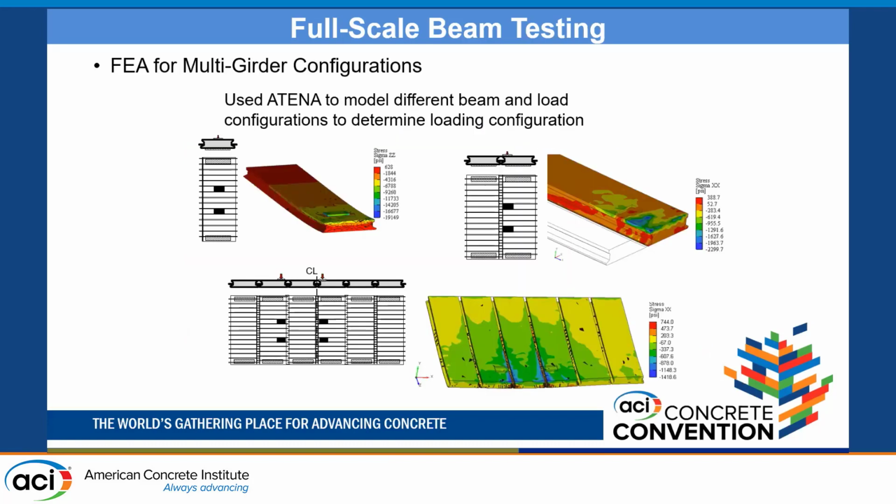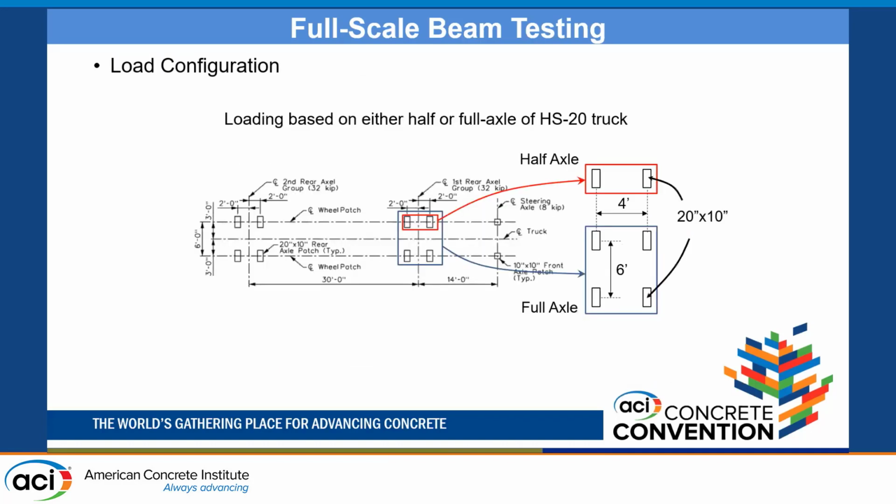We also used software, Athena modeling, to model the different load configurations and different stresses that we wanted to see in a real case in the lab, and come up with the most efficient way to get the most results for what we were investigating. The loading was based on either half or full axle HS20 truck.